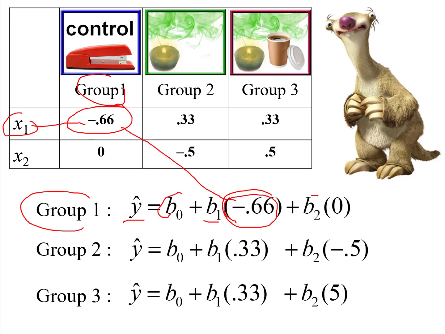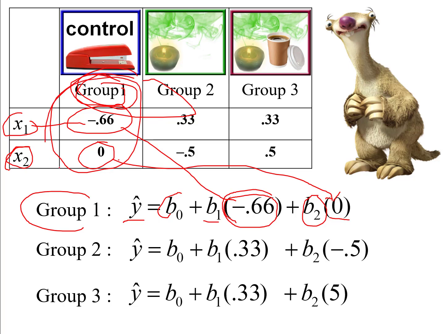And then we take slope 2 times that person's score on x2. And we know that if you're in group 1, your score on x2 is going to be a 0. So I'll put that 0 right there. So we can use the x values from our code assignment chart and know how that would get plugged into our regression equation.